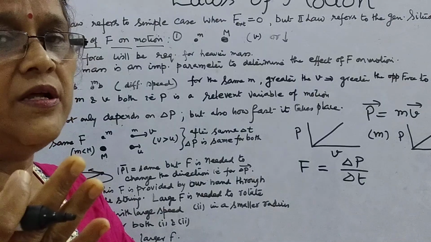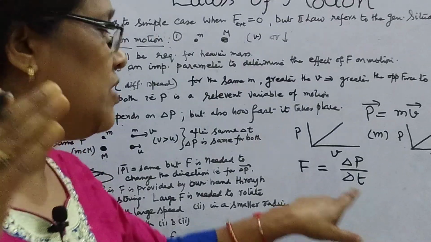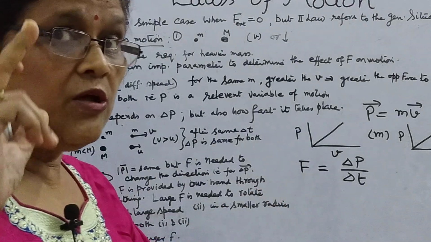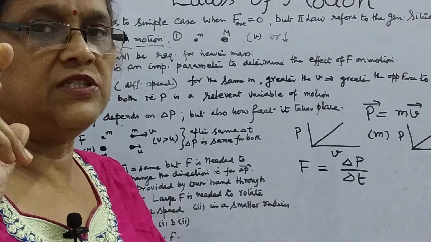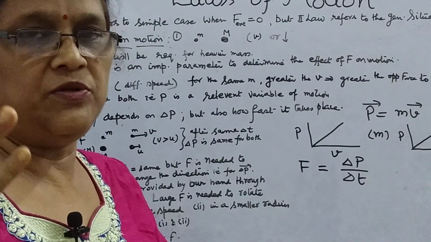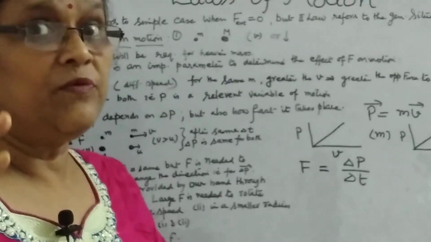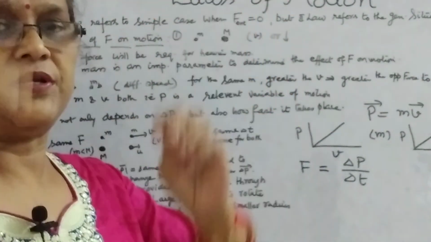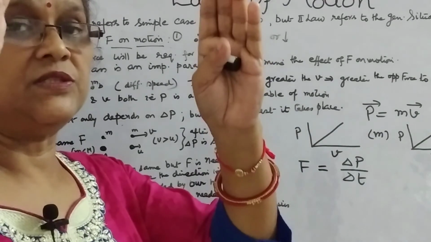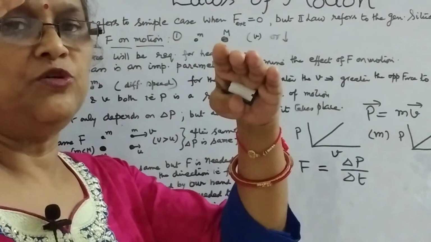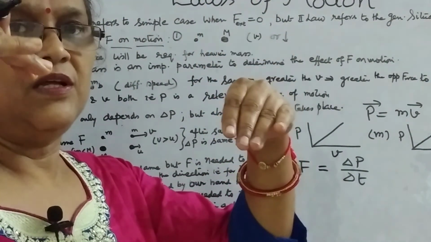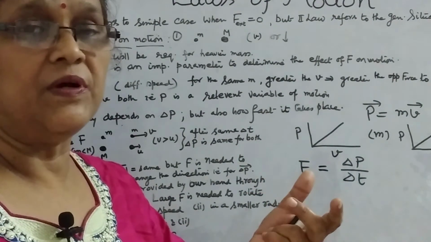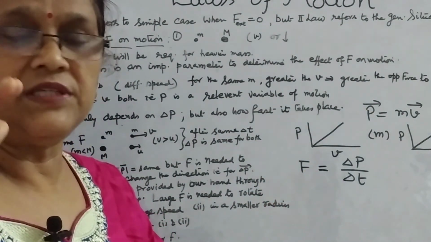You can get F equal to ma from this, but only when the mass doesn't change. Normally you take the mass constant, but what happens in the case of a rocket? Variable mass. As the fuel is consumed, its mass decreases. Then you can't say F equal to ma there because mass is not constant.